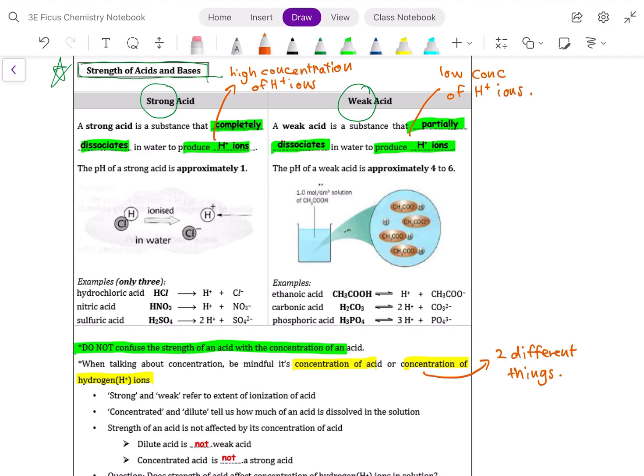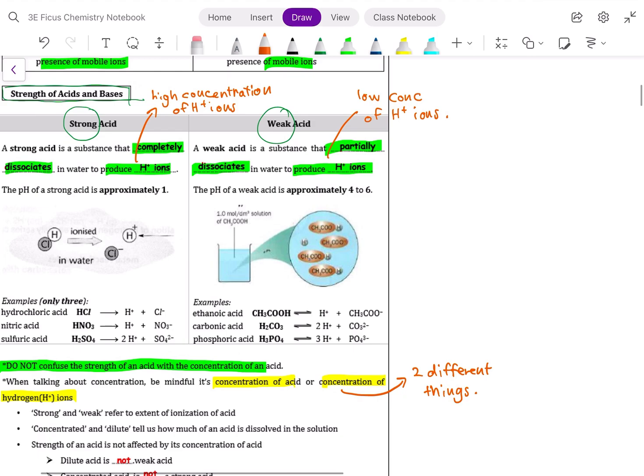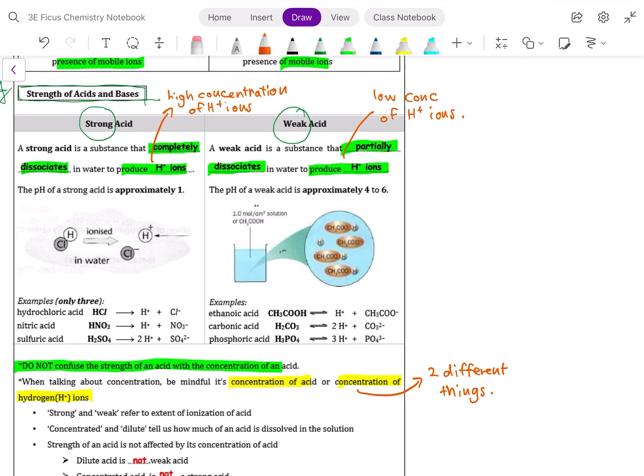So what do I mean by partial dissociation and full dissociation? Let me scroll to the side so I have some space to illustrate. Strong acids are typically the ones you see on a lab bench, like hydrochloric acid, nitric acid and sulfuric acid. When I represent it with a chemical equation, it's a one-headed arrow. But for a weak acid, which partially dissociates, you notice a strange looking double-headed arrow.